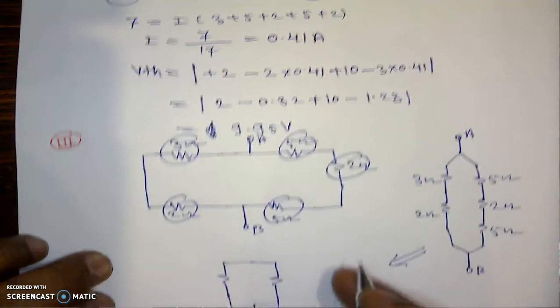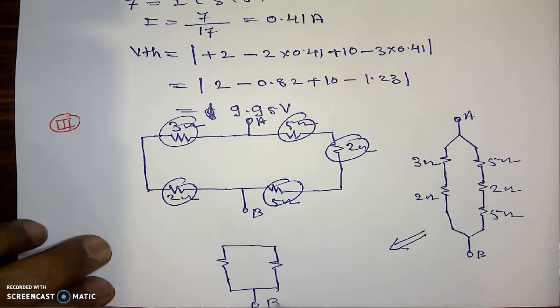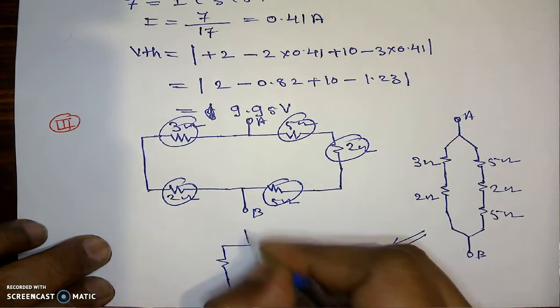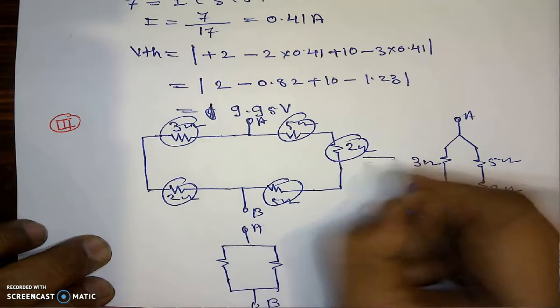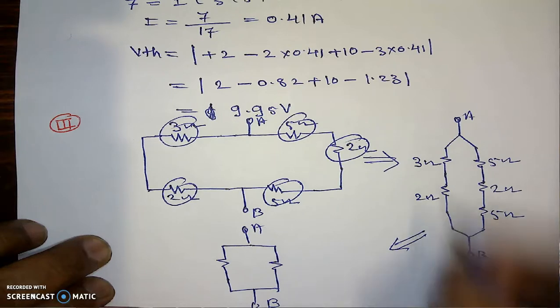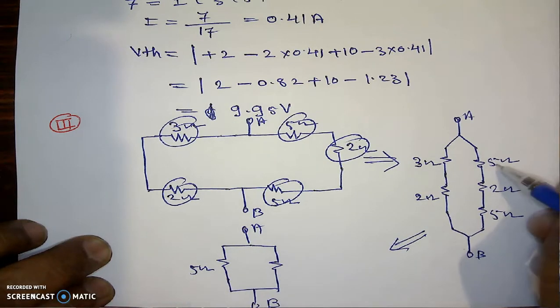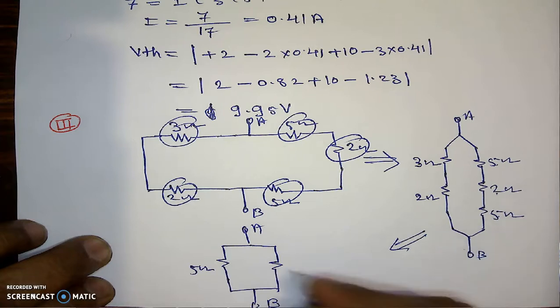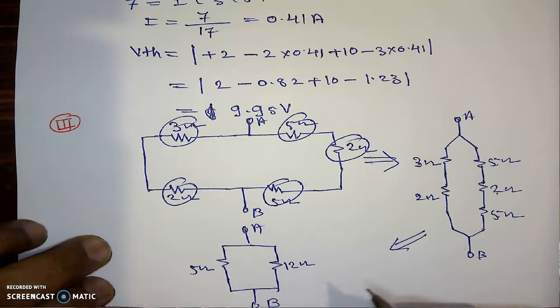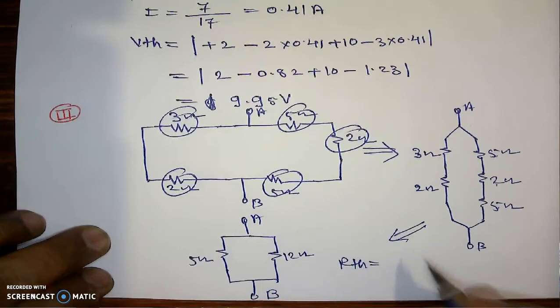This will be the B terminal. Here it is A terminal. 3 plus 2, 5 ohm. And here 5 plus 2, 7. 7 plus 5, that is 12 ohm. Now RTH is equal to, these two resistances are parallel.